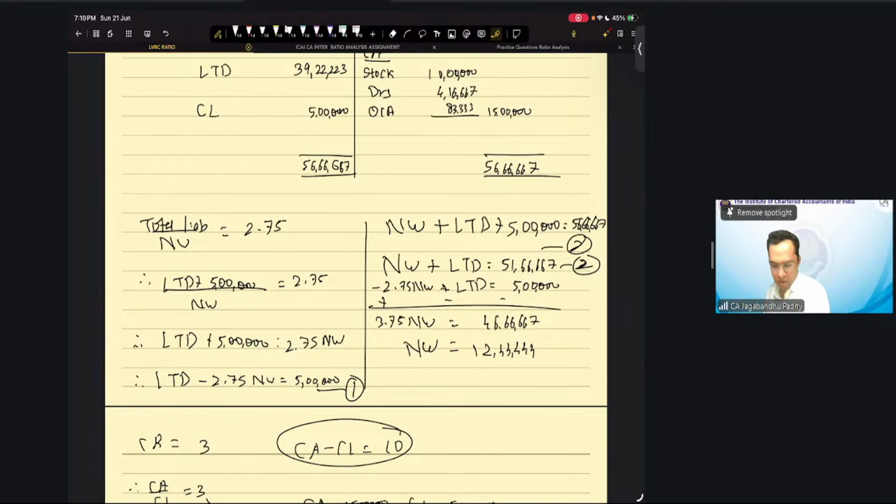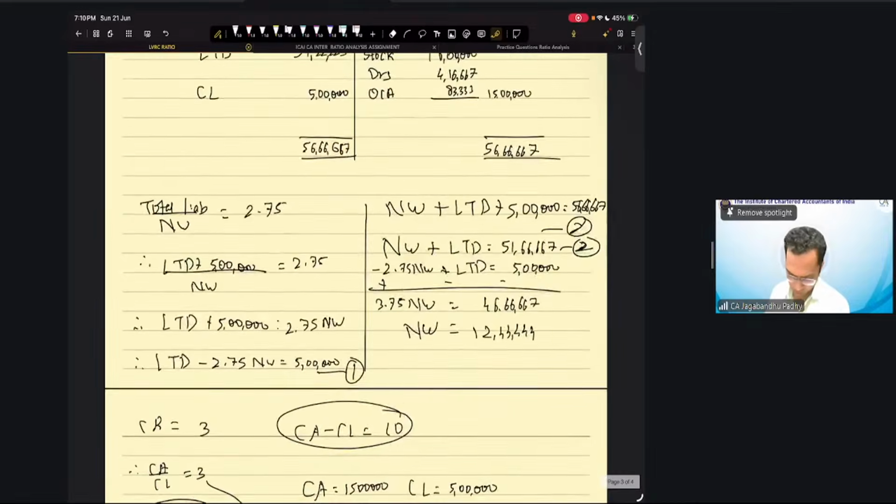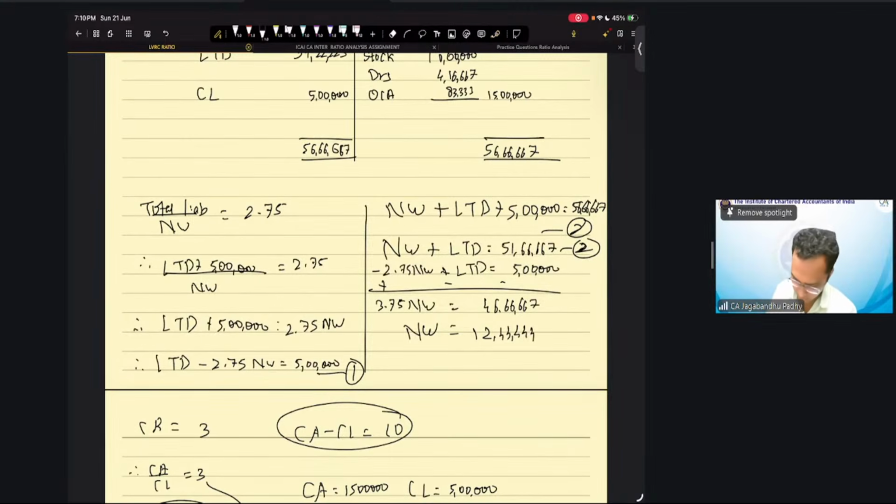It is minus 1 lakh in equation 1. Yeah, correct. This is minus 1 lakh, so this becomes plus. This becomes 56 lakh 66,667.